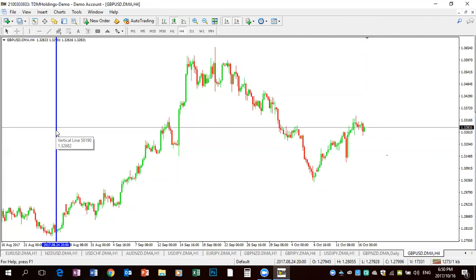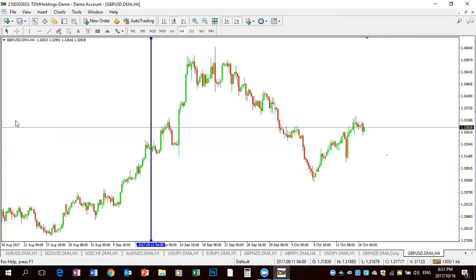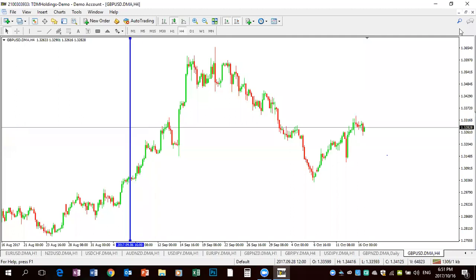If you want to move your vertical line, you double click it and you'll see the bars, or the ears of the line, and you can move your vertical line anywhere you want, and it will change your date.